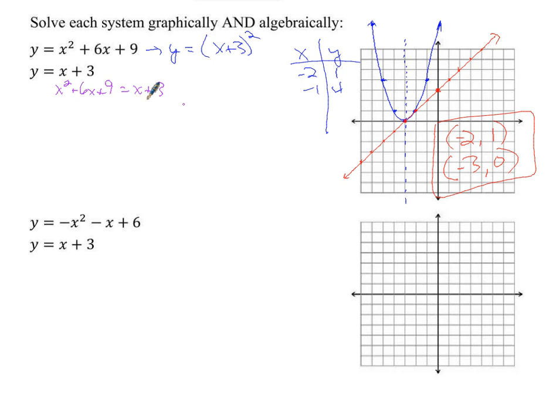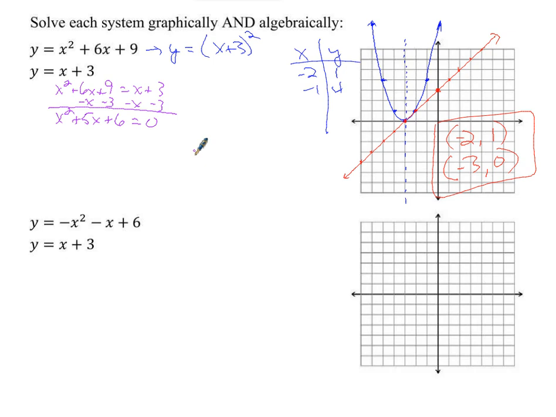So I first have to get everything onto this side, which means I'm going to subtract x and subtract 3 from both sides, which gives me x squared plus 5x plus 6 equals 0. And now from here you can use whatever method you want. Is there one method that maybe makes more sense than another right now?